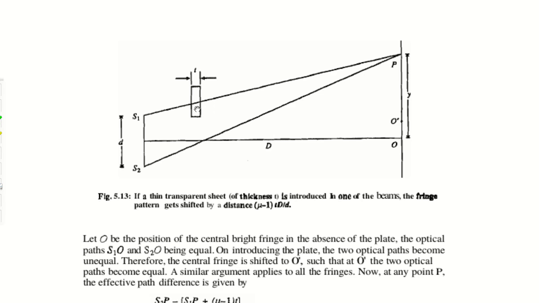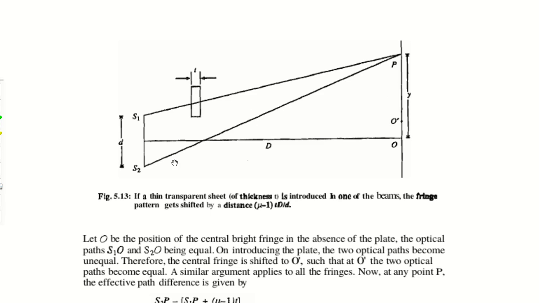So the total time will be (S1P minus t) by c plus t by v. This is the time taken by a ray coming from S1 to reach the point P.